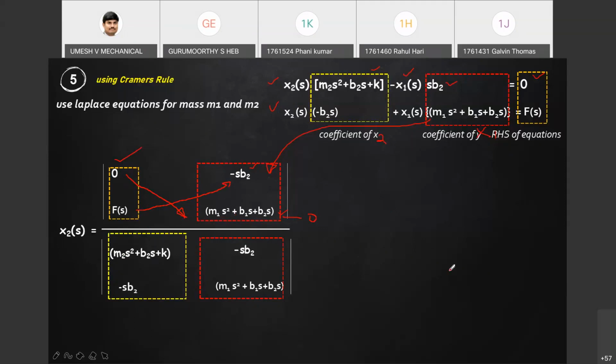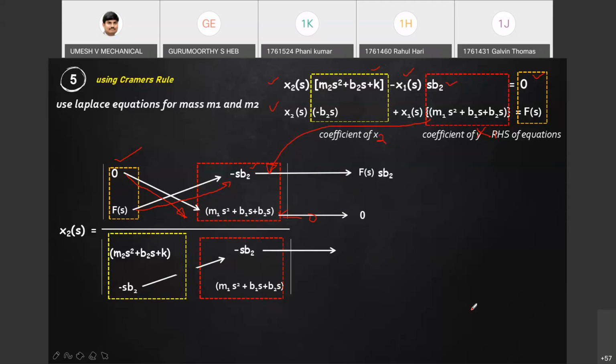So the values, so next you multiply those two, minus b2 s. Sitting left top multiplied with bottom right, minus s b2 minus s b2 whole square.